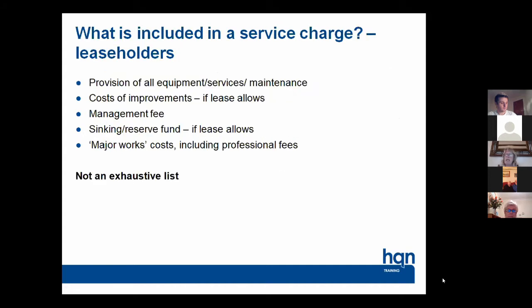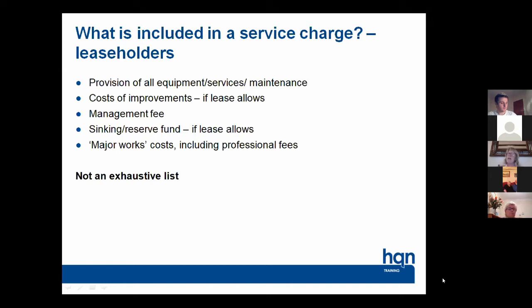So what can usually be recovered under the terms of the lease? Most often leases are constructed and well drafted to enable landlords to recover the costs of providing equipment, services, and the maintenance to that equipment. If the lease allows, it will allow the landlord to recover the cost of improvements, and to recover a management fee for managing and delivering and administering the services.